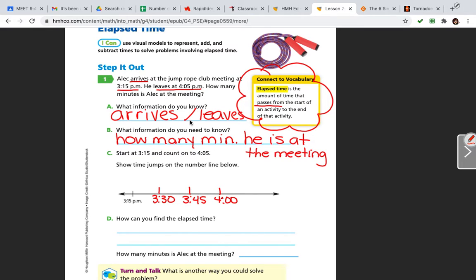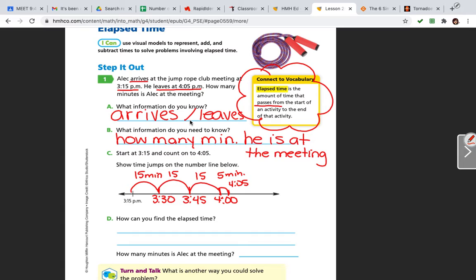And then the time he leaves was at 4:05. So from here to here is 15 minutes. From here to here is another 15. From here to here is another 15. And then from 4 o'clock to 4:05, that was only 5 minutes.